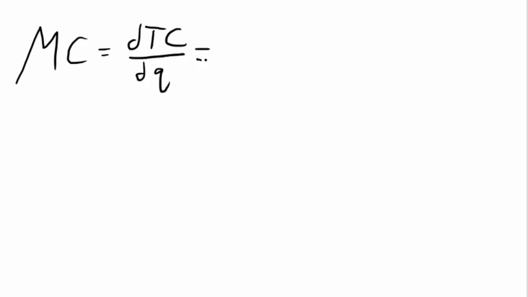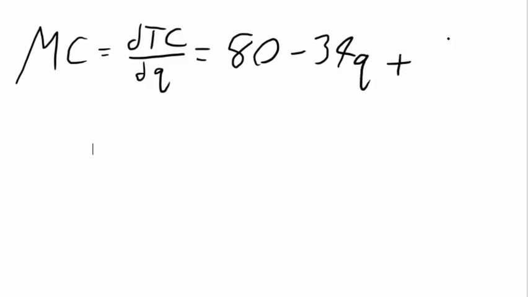Next, we want to find our marginal cost, which is found by taking the derivative of the total cost function with respect to Q. And our derivative ends up being 80 minus 34Q plus 9Q squared.